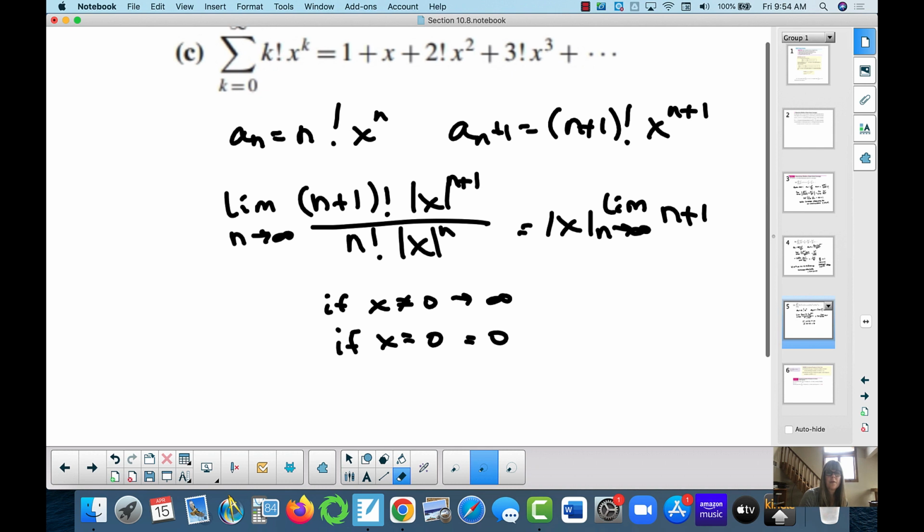Because again, we're multiplying 0 by the limit, so that's why we get 0 if x equals 0. So this series only converges if x equals 0, because the ratio test gave us infinity. For anything other than x equals 0, the series diverges everywhere else.